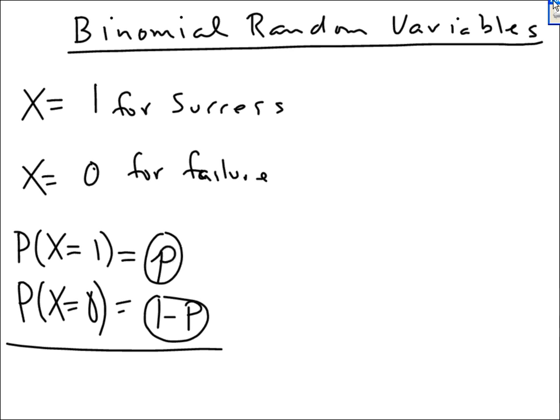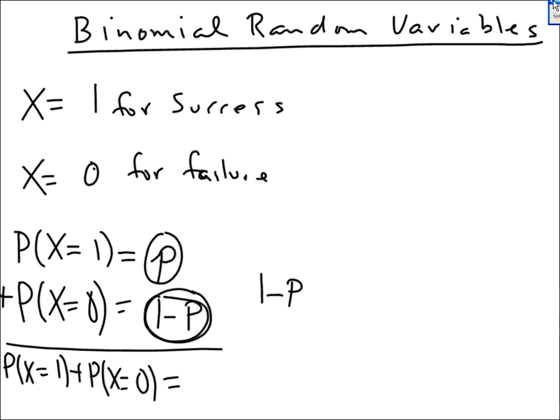It makes sense that this is a random variable because when you add them, the probability that x is 1 plus the probability that x is 0, you do get 1. Because if you have 1 and you take away p, but then you add the p back, you're back at 1.